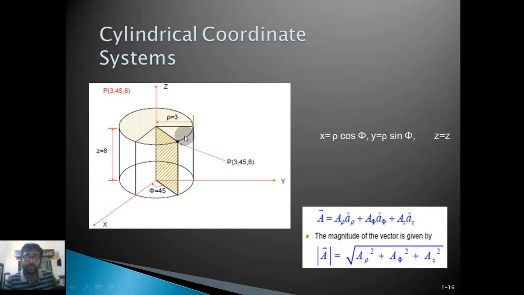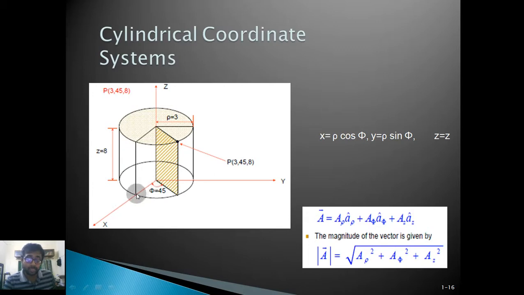If we break the a suffix phi vector into two different components, one will be cos phi and another will be sin phi. One is cos phi a suffix phi, another is sin phi a suffix phi, and this cos phi a suffix phi is in the same line as a suffix x.